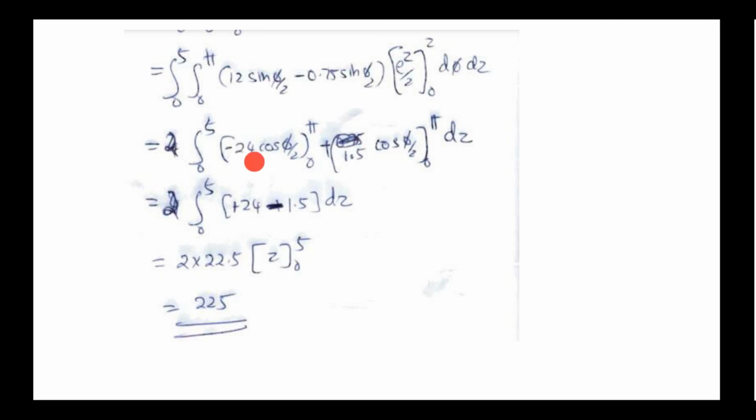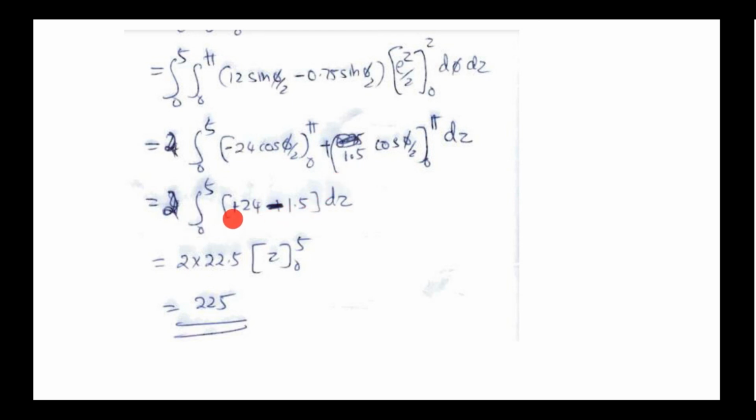If you substitute pi, cos(pi/2) is 0, minus cos 0 is plus, so you have minus 24 into minus 1, that will be plus 24. Here it is 1.5, cos(pi/2) is 0 and cos 0 is 1, so that will be 1.5 into minus 1, so minus 1.5.